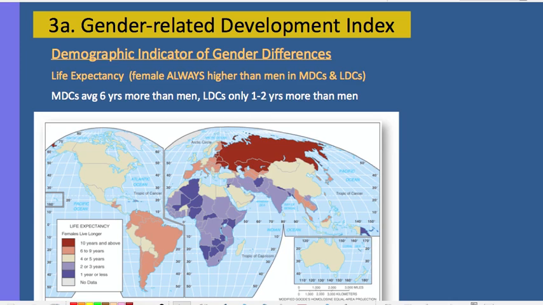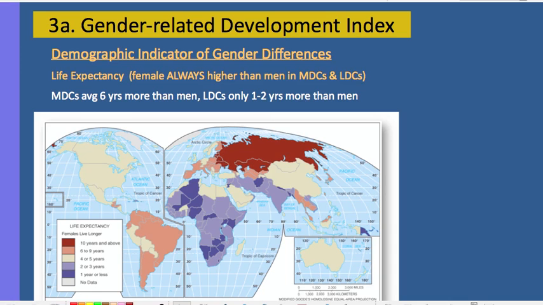The difference is that in MDCs, women live an average of 6 years longer than men, and in LDCs only 1 or 2 years longer than men. So you can see here 1 year or less in Africa, Middle East, South Asia, and then up to 10 years longer in places like Russia. 6 to 9 is the pinkish color.